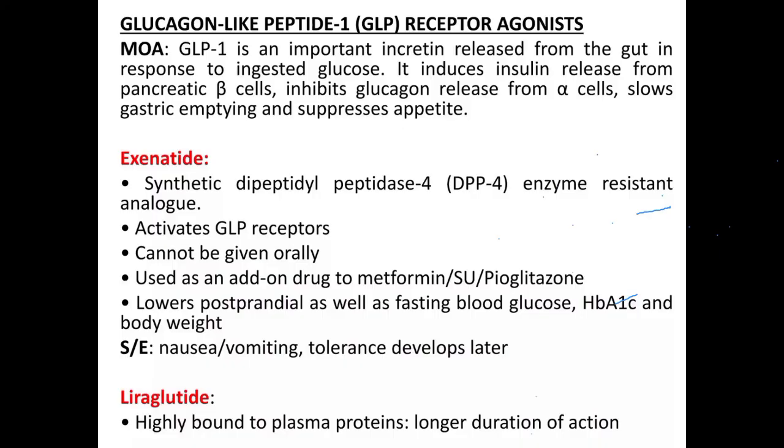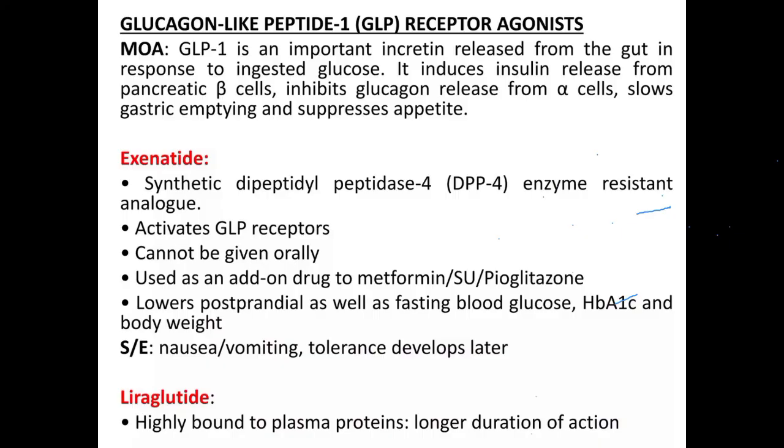Two types of blood glucose tests are done. And HbA1c is a diagnostic test we perform to check the blood glucose levels. So it lowers both postprandial as well as fasting blood glucose.